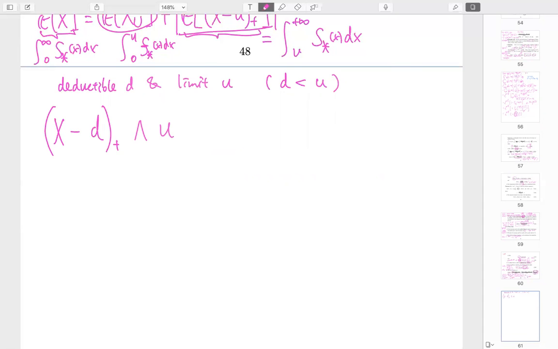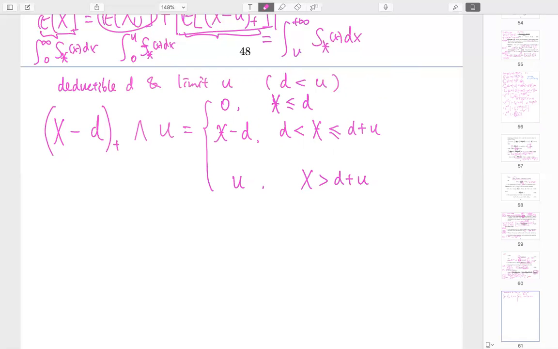Writing it in piecewise form, it's 0 if the original loss is less than the deductible. It will be X minus D if the size of the loss is bigger than the deductible but less than or equal to D plus U. And finally, it will be U if X is bigger than D plus U. Be careful on the terminology of this upper limit.